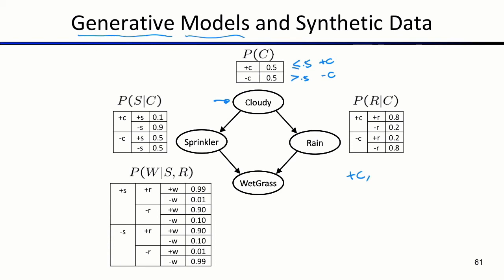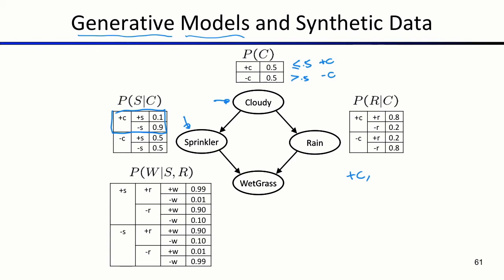I continue and go to the next node in the topological order. Let's suppose that the next node is the sprinkler. Now that I know the first one is plus C, I'm going to focus on this part of the table, and I'm going to sample again a value, now for the variable S, using a random number generator.